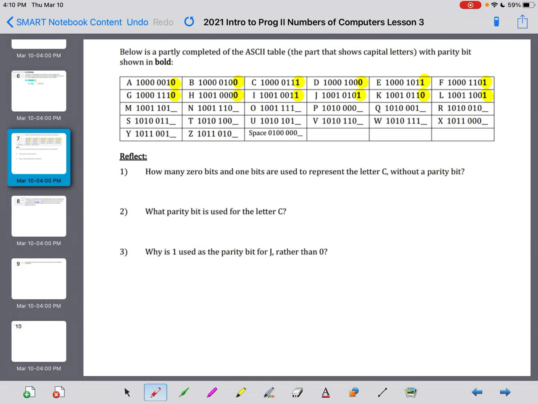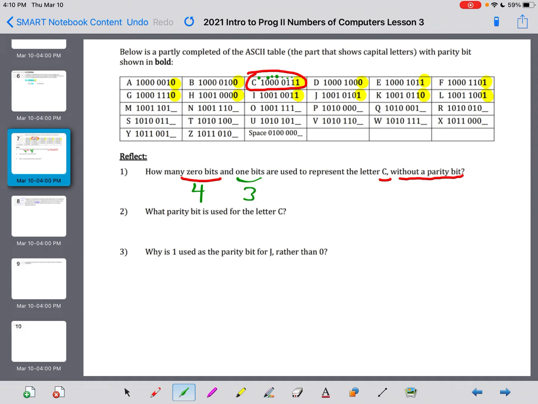So first of all, how many 0 bits are used to represent the letter C without the parity bit? So we're looking right here, but we're not going to use the parity bit. So how many zeros? I got 1, 2, 3, 4. How many 1 bits? 1, 2, 3.